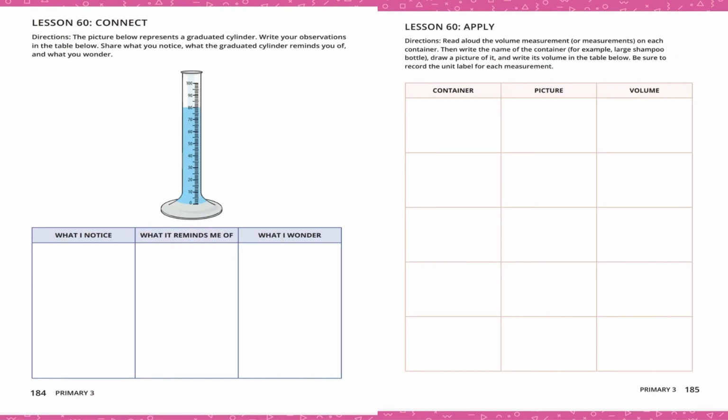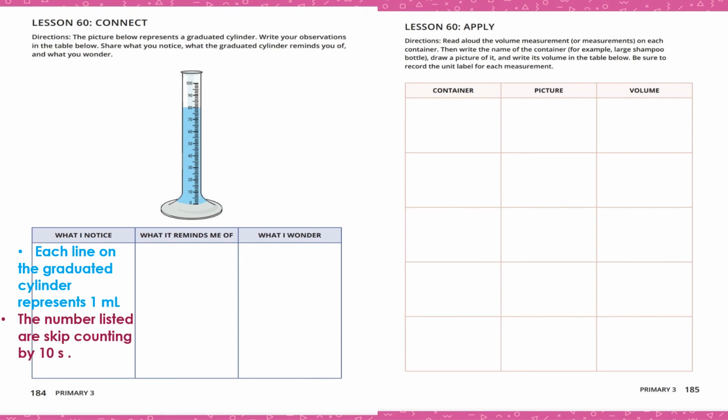Let's start lesson 60 with the connect part. Here we have a picture. It's called graduated cylinder. Okay, here we have a table. Let's read what I notice. Each line of the graduated cylinder represents 1 milliliter. Each line or each dash of it represents 1 milliliter.